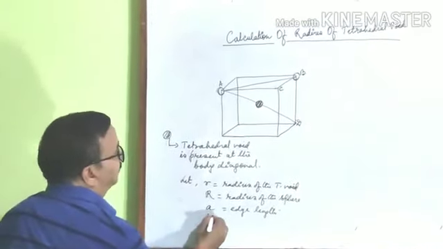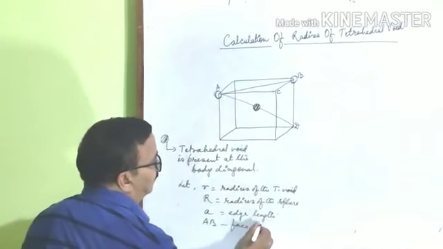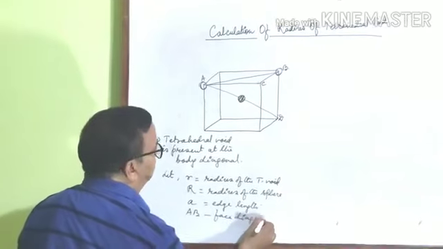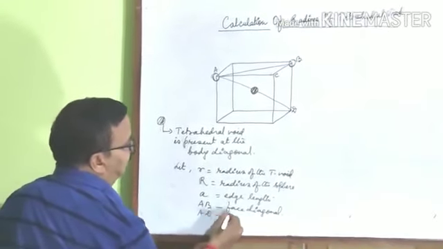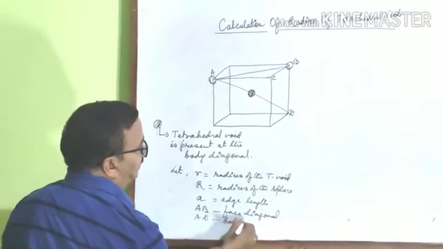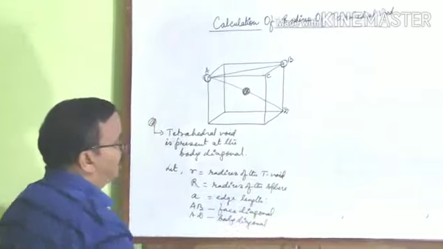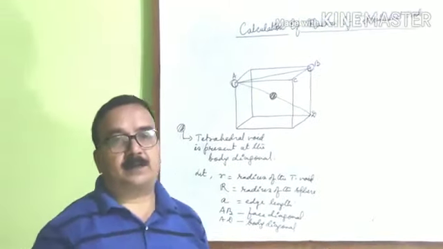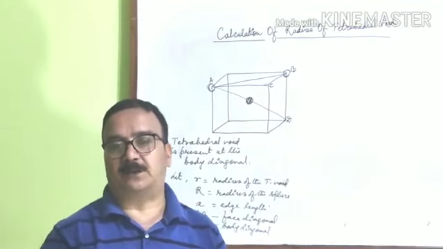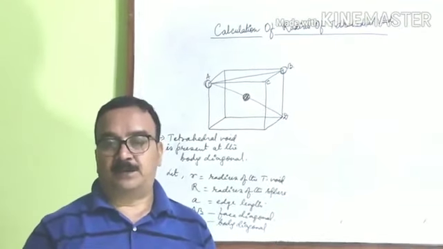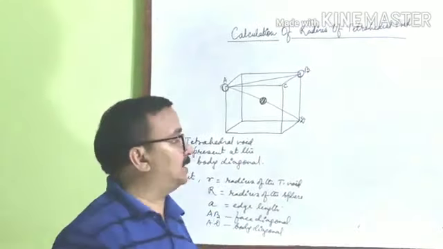AB is the face diagonal, and AD is the body diagonal. Now remember that in a face diagonal, two spheres are in contact with each other. In a body diagonal, three spheres are in contact with each other.